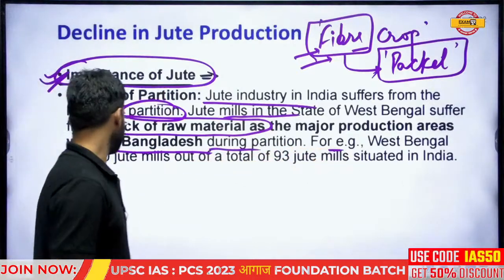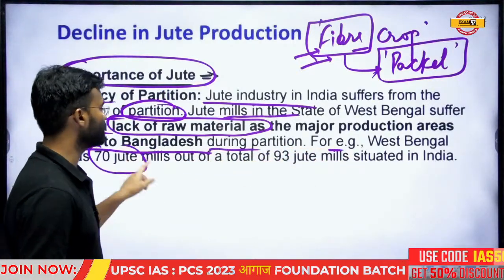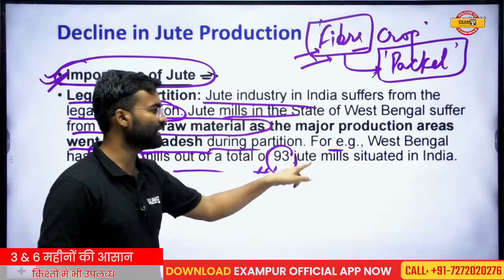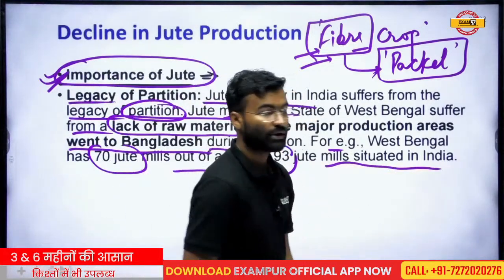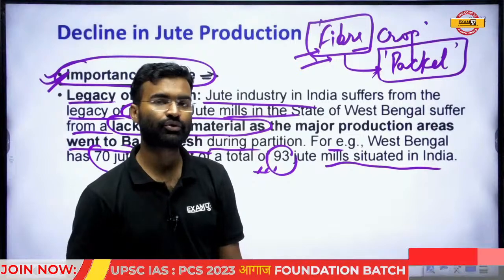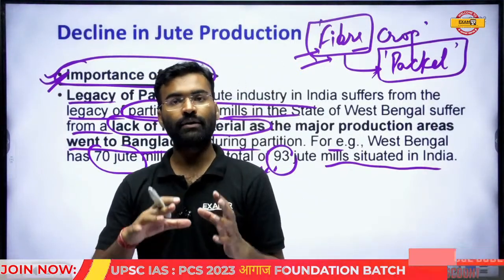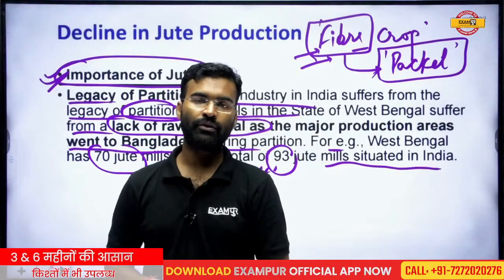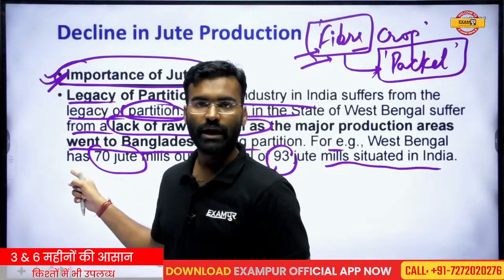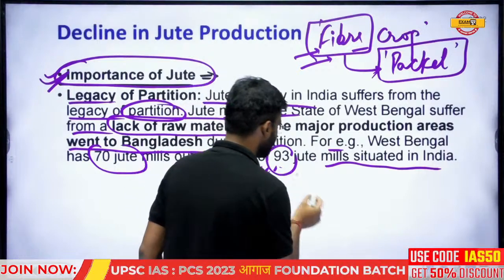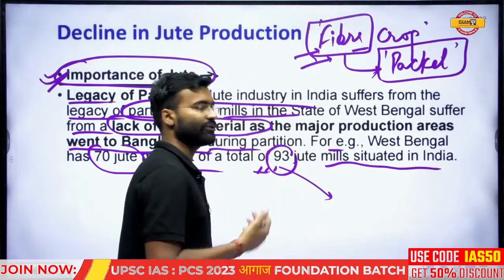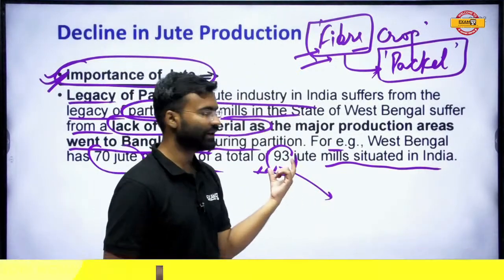For example, West Bengal has 70 jute mills out of the total 90 jute mills situated in India. At that time there were 90, I think 93 jute mills, and 70 of them were in India. Pakistan, or the Bangladesh region, also suffered because of a lack of industries.